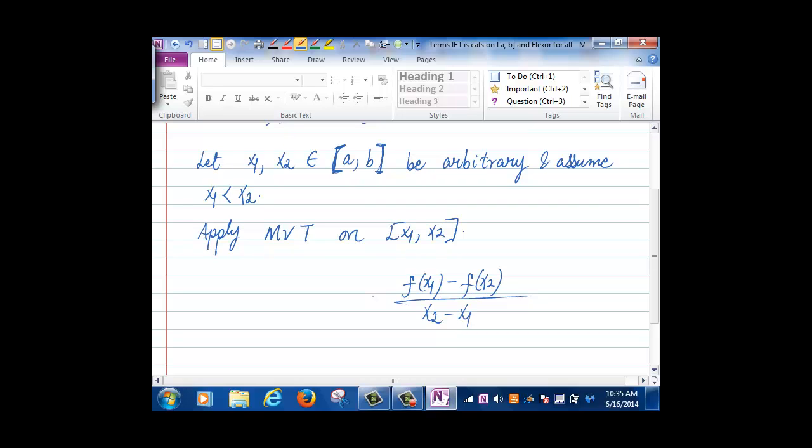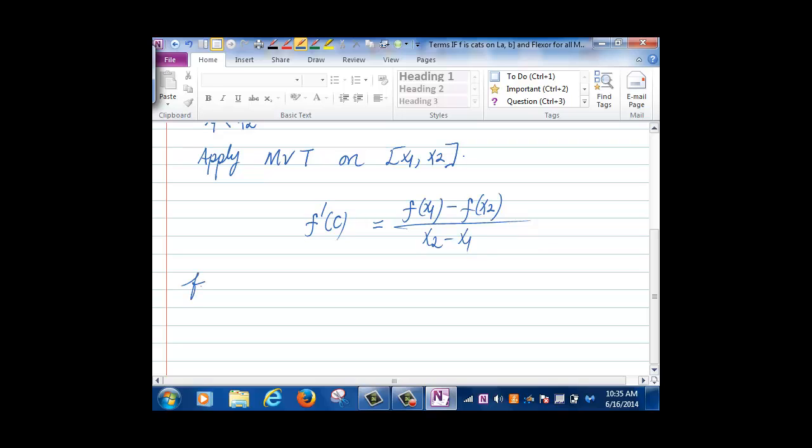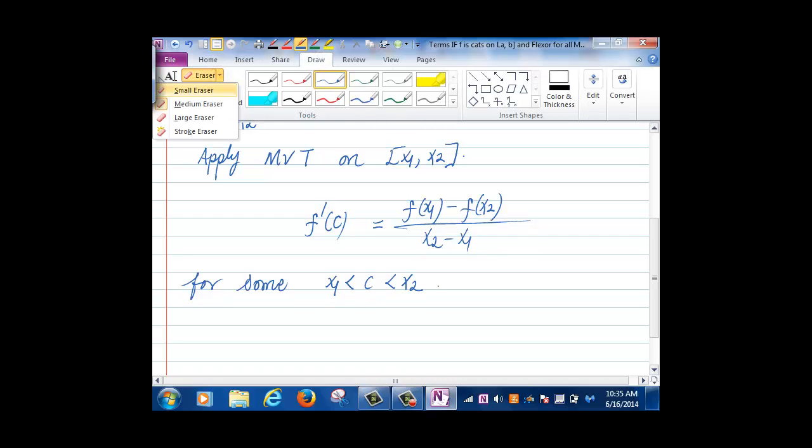That's the average rate, and that average rate must be equal to the derivative of f at some instant c, right? For some c between x1 and x2, right? Oh yeah, it should be f of x2 minus f of x1. I just have a mistake there.